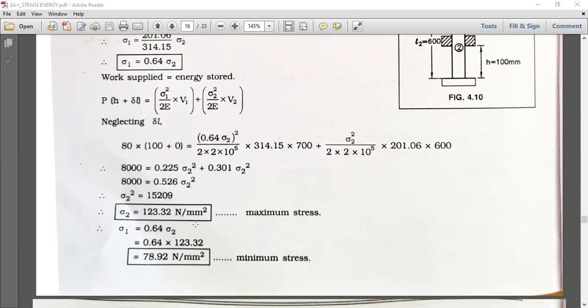Now, for minimum stress, sigma 1 is equal to 0.64 into sigma 2. We can get 78.92 Newton per square mm, which is the minimum stress.